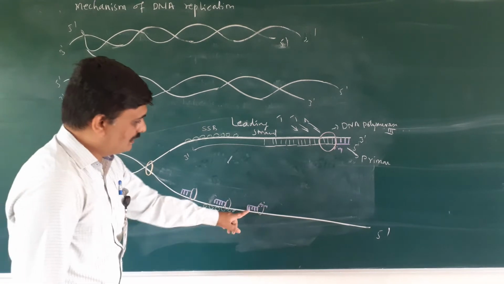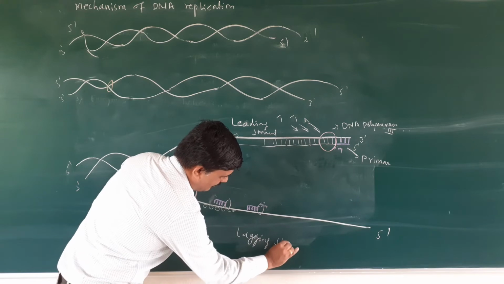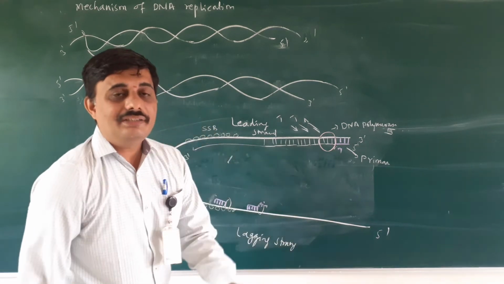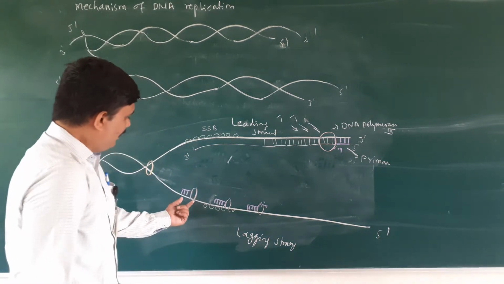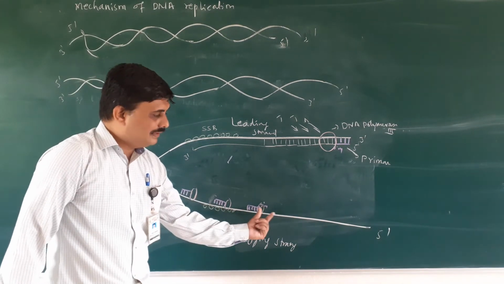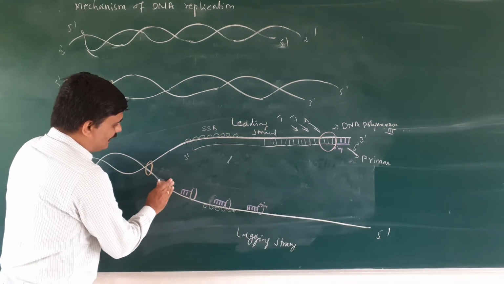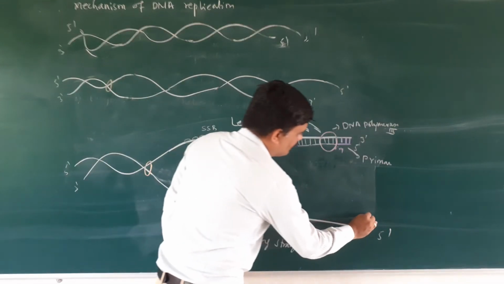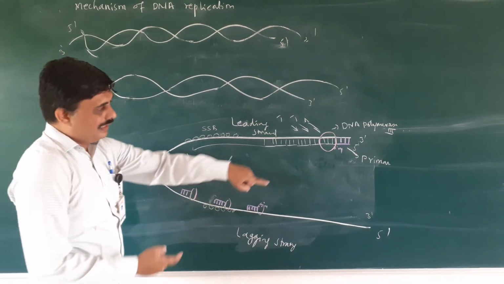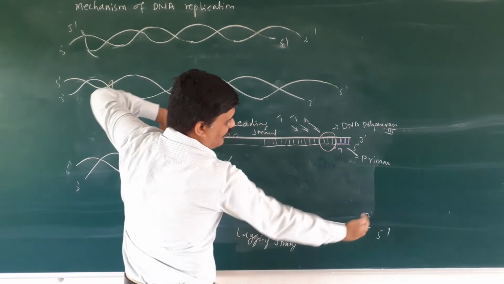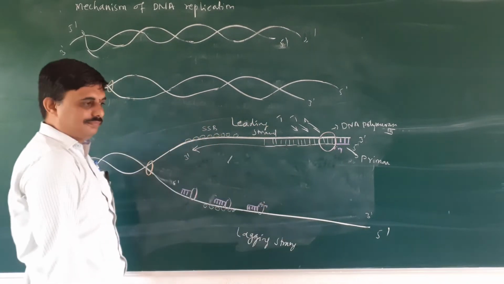The opposite strand is called the lagging strand, where discontinuous DNA synthesis occurs, where many short RNA primers come and bind. Here the DNA synthesis occurs in the opposite way, so that DNA synthesis occurs by a bidirectional mechanism.